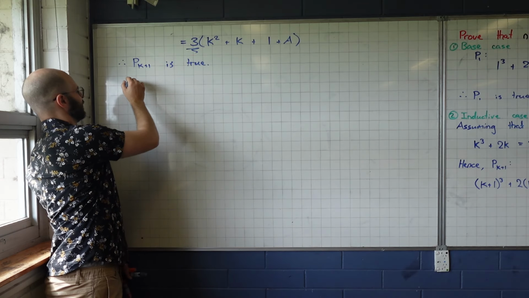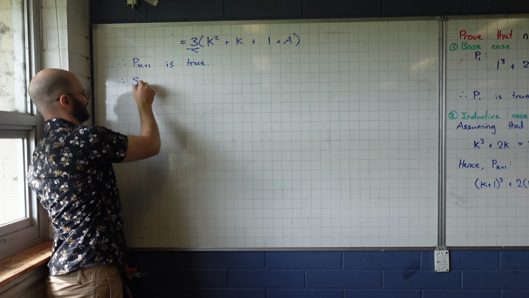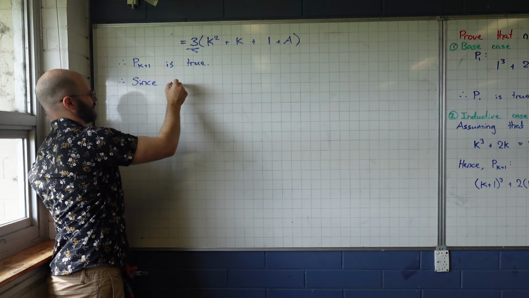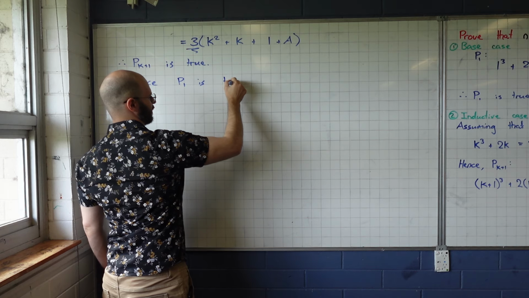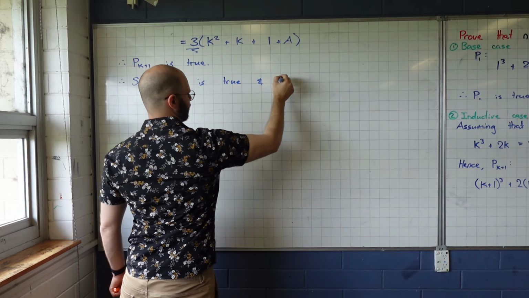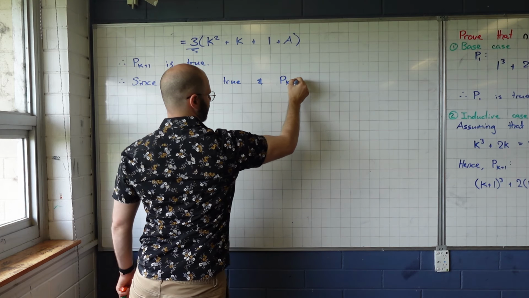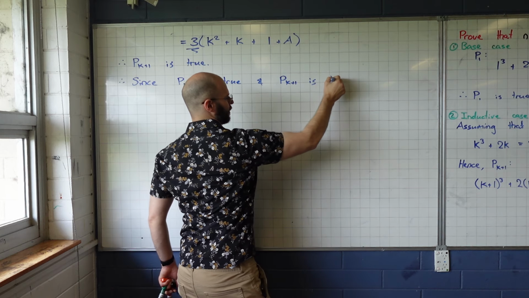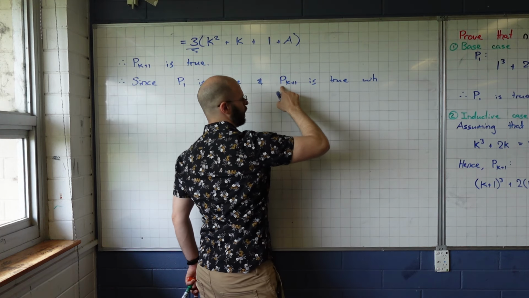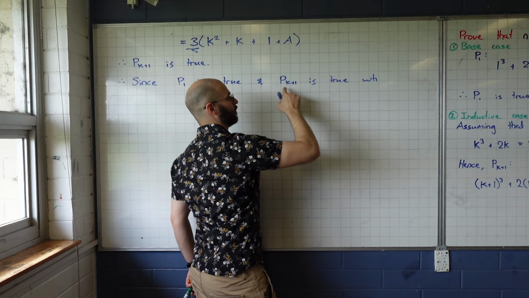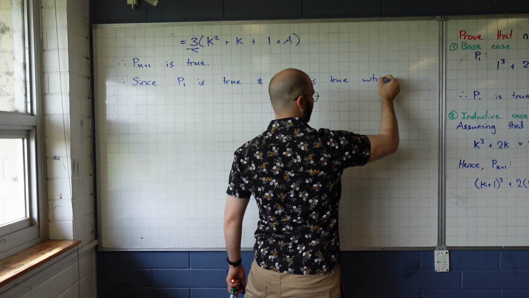Now, how do we decorate the cake? Since P of 1 is true, and P of k is true, then P of k plus 1 is true whenever.